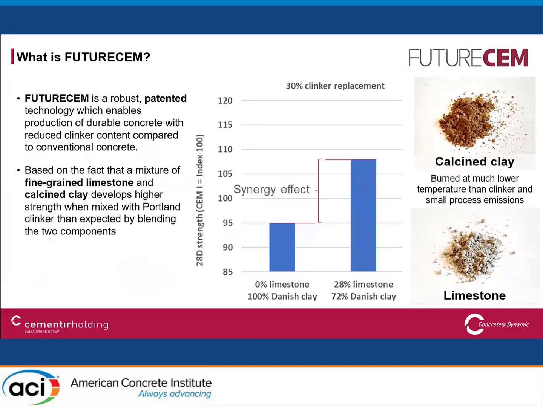And this is the classical synergy effect, the carboaluminate reaction, which we also found with all raw materials. In this example, which was one of the first ones, by adding a little bit of limestone, a little bit of chalk, we saw this clear synergy effect with 180% relative strength compared to the ordinary Portland cement reference.